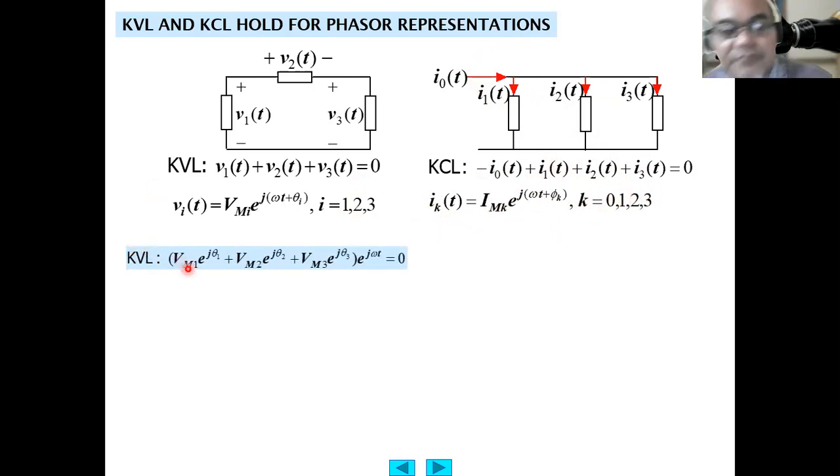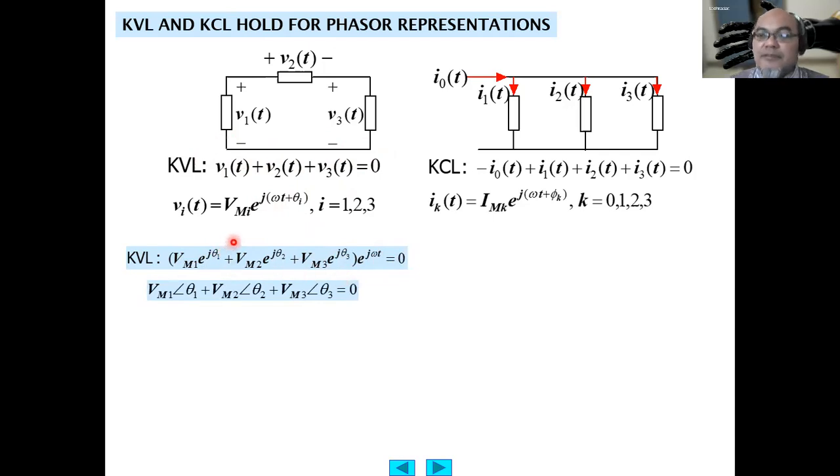So using KVL for this series network, Vm1 exponent j theta 1 plus Vm2 exponent j theta 2 plus Vm3 exponent j theta 3, all multiplied by exponent j omega t, should be equal to 0.